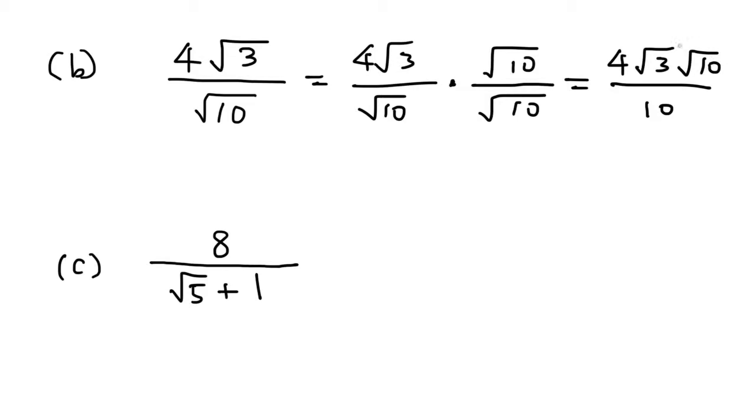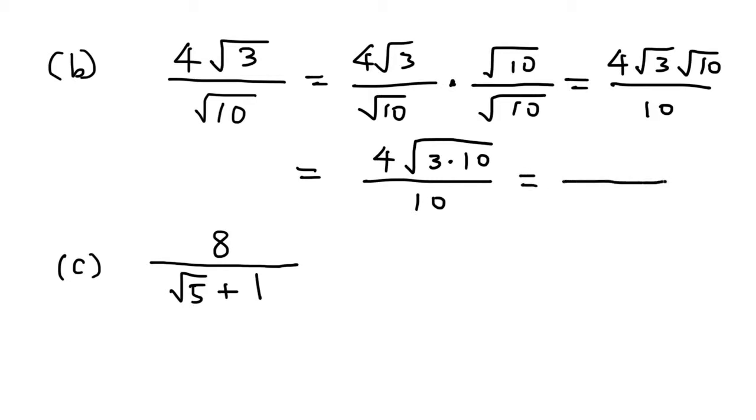In the numerator, we have 4 square root of 3 times square root of 10, and we can combine these two radical expressions and write it as 4 times one square root radical sign, and under that sign we have 3 times 10, and that is square root of 30.